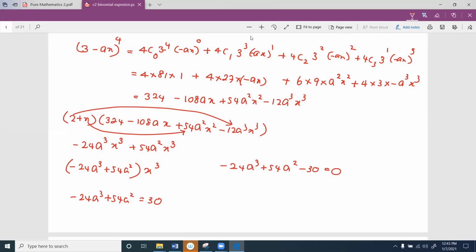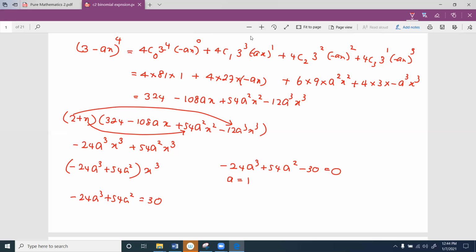Yeah, that's correct. Okay, we'll check the answers whether this is correct, because I'm not sure about this. Yeah, this one is perfect. That's right. Okay, then you get the answers. This is a equals 1, and the other answers come from 4, minus 24, and 54, and 0, and minus 30.